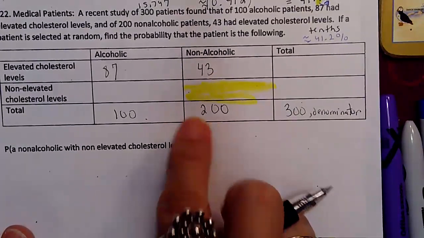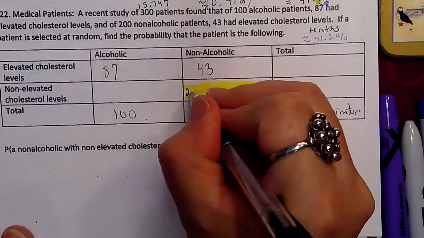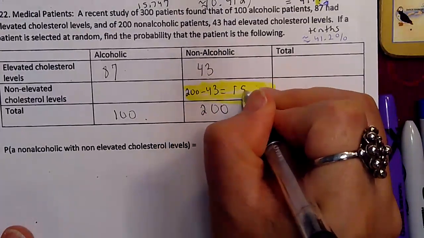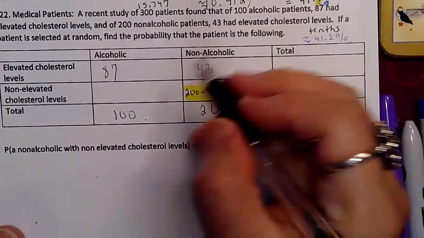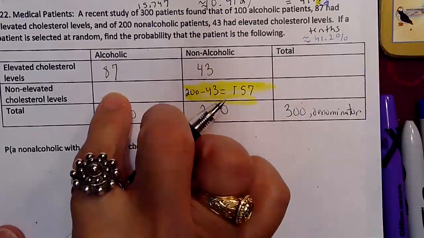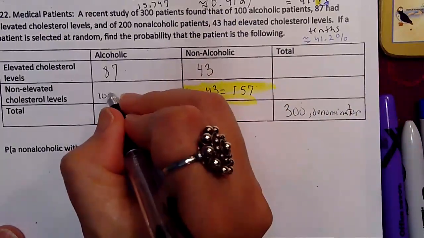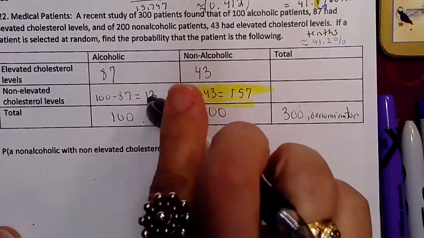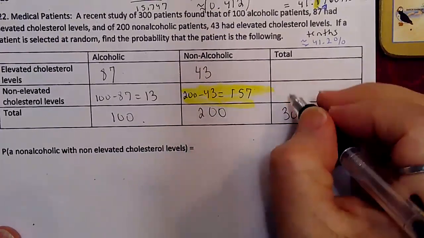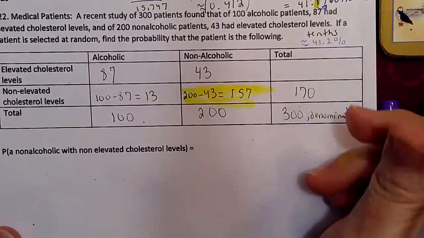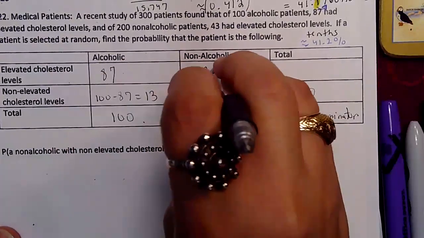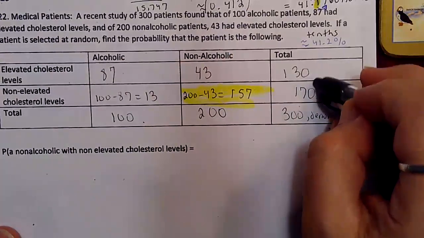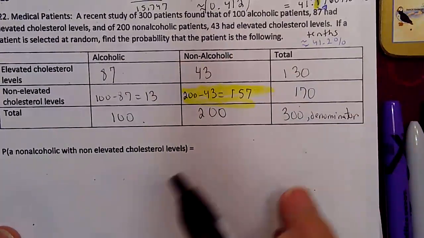So this would be 200 take away 43, which is 157. And if you wanted to complete the table, this cell right here would be 100 minus 87, which is 13. And if you add 13 and 157, that gives you 170. If you add 87 and 43, that gives you 130. And then to check, 130 plus 170 should give you 300.